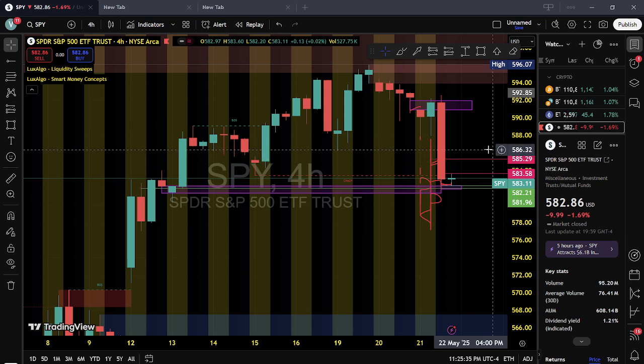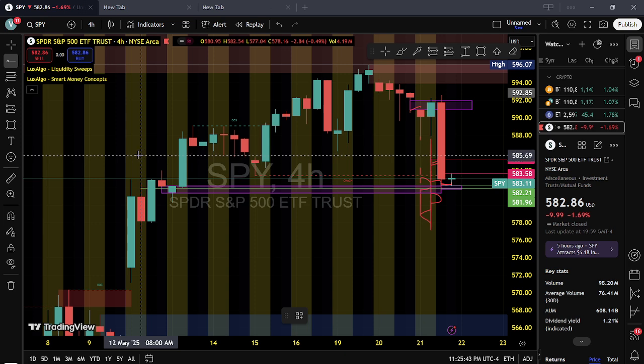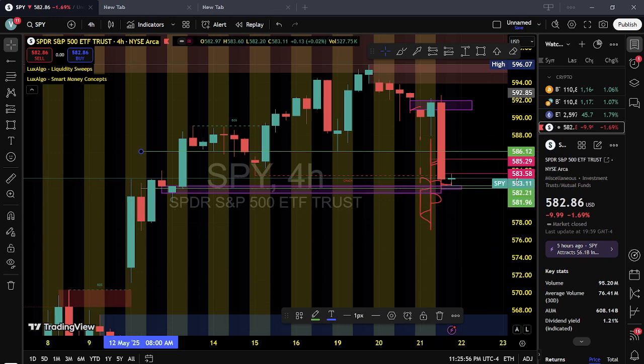The 585 and 586 must be tested. Yeah, up to here it should be tested. The wick, this wick or 587. This wick, I will take this wick. This wick, 586.